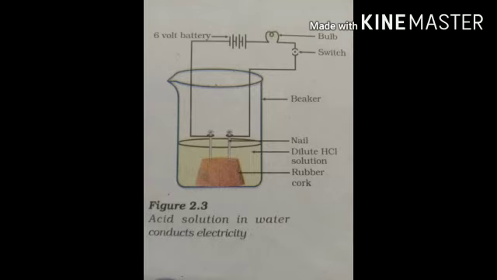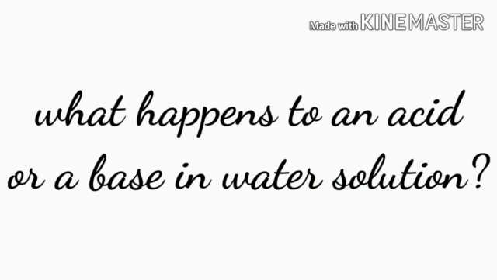We had also learned that the H positive ions released by acids and the OH negative ions released by bases are responsible for their acidic and basic property respectively. Moving further, today we are going to discuss what happens to an acid or a base in water solution.